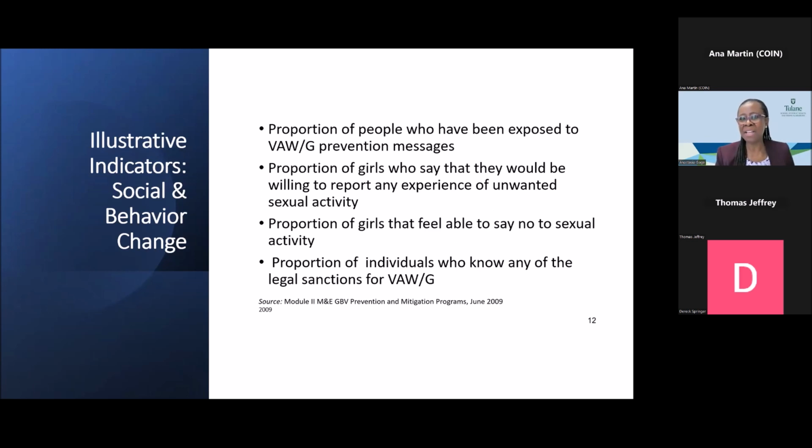You have, for example, for social and behavior change, the proportion of people who have been exposed to violence against women and girls prevention messages, the proportion of girls who say that they would be willing to report any experience of unwanted sexual activity. And you can review the others and move on to the next slide.